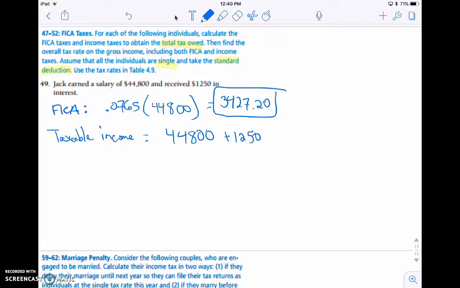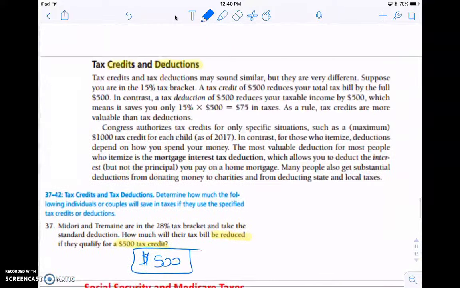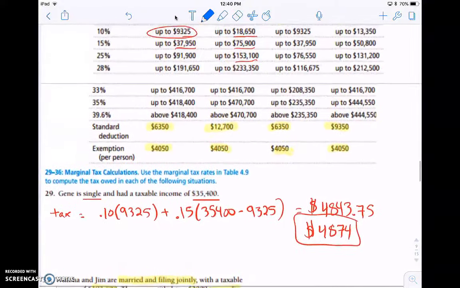And we don't have any adjustments there because we just have the interest and the salary. But then we are going to subtract the individual or single exemption of $4,050 and the standard deduction of $6,350.